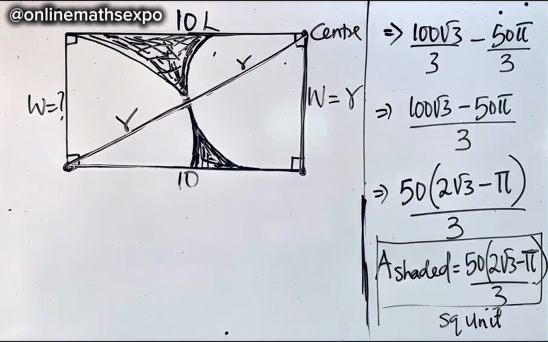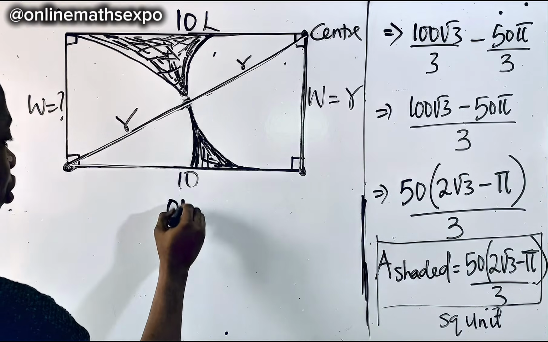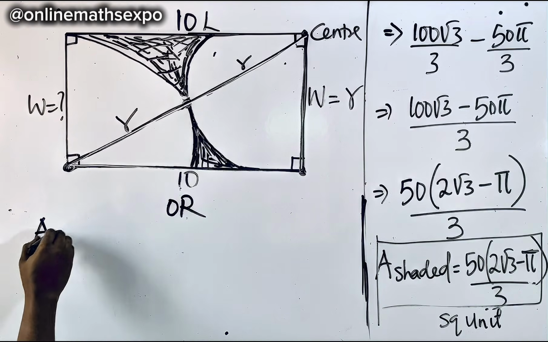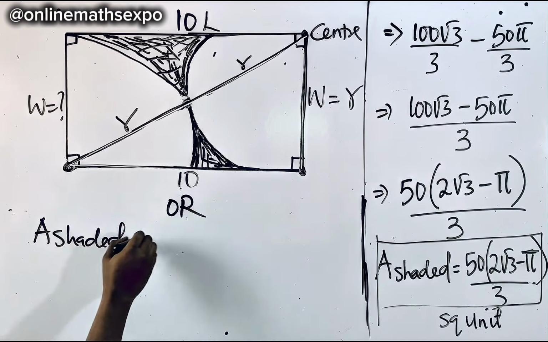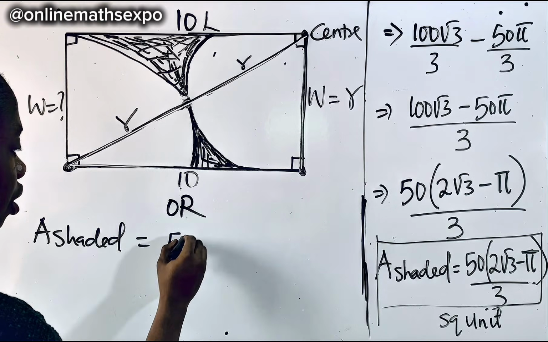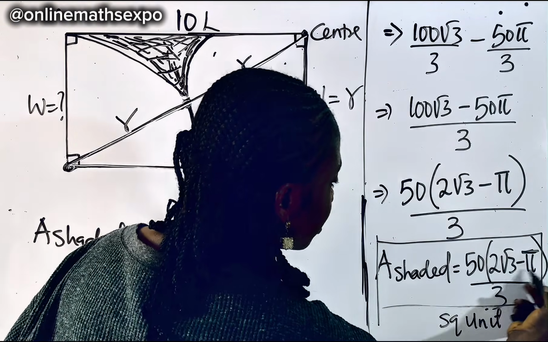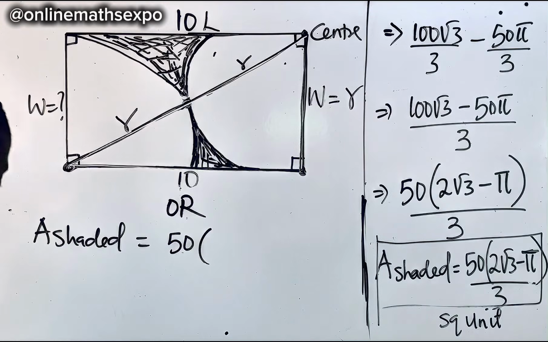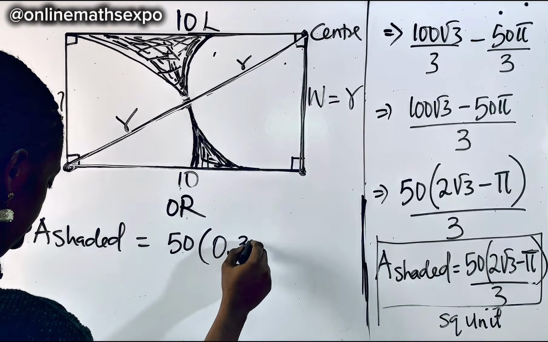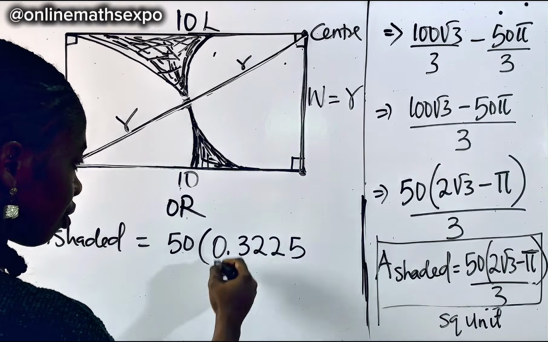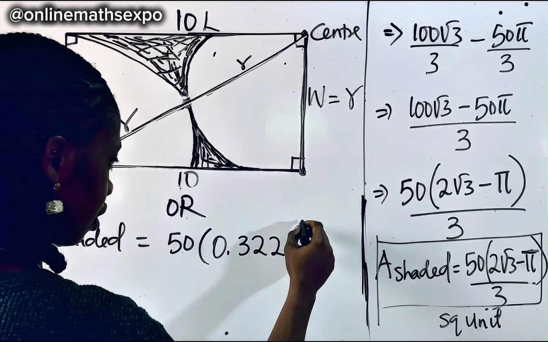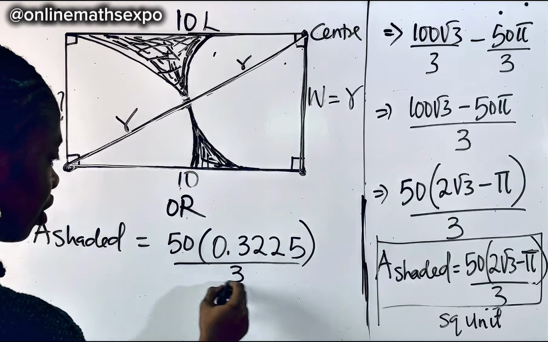Now we can also get the calculator value of pi and then get the values in decimals. So if you want to get the values in decimal, we can have area of the shaded is equal to 50 into, let's calculate this on the calculator. It's going to give us 0.3225 approximated to 4 decimals, then divided by 3.